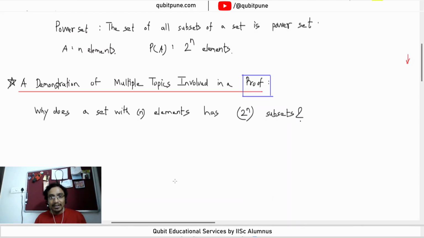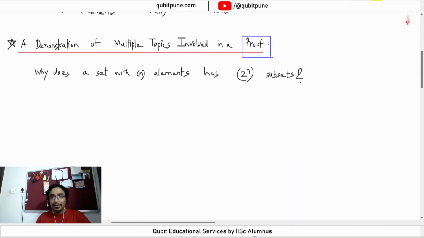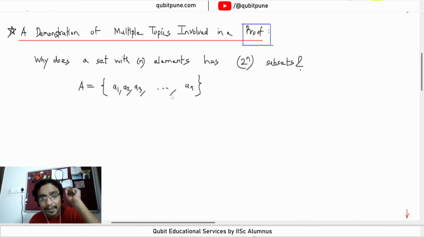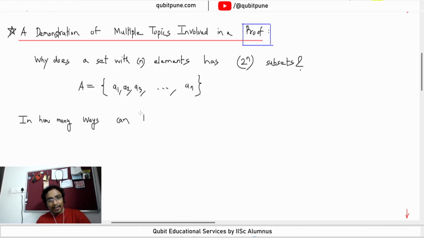So why does a set with n elements have 2 raised to n subsets? Suppose I name these elements A1, A2, A3, and so on till An. Now I convert this subset problem into a counting problem. I ask the question, in how many ways can I pick m elements out of n?